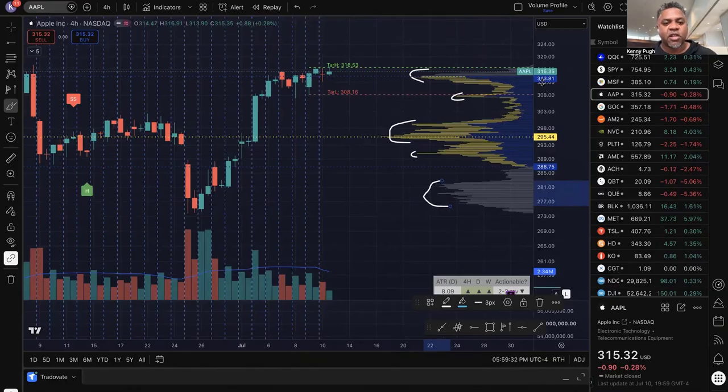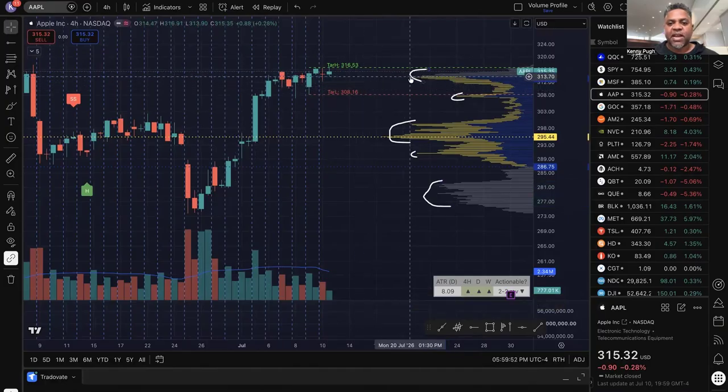Trading is not a singular line. You don't put single lines on the chart and expect price to react exactly at those lines. Sometimes they do, but in general, you want to highlight various zones and let those become your zones of interest, not relying on single lines. So that's my approach to the market.